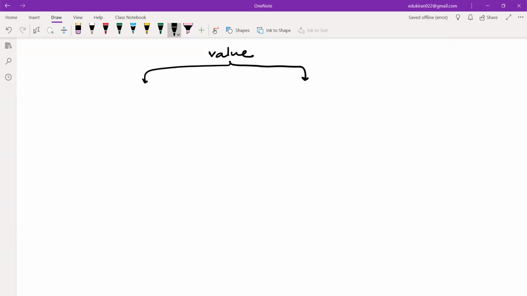To get the value of anything, that value can either be measured or it can be calculated. There are different requirements for both. If you want to measure something, then you must have a tool, that means some kind of instrument that is going to measure the value.